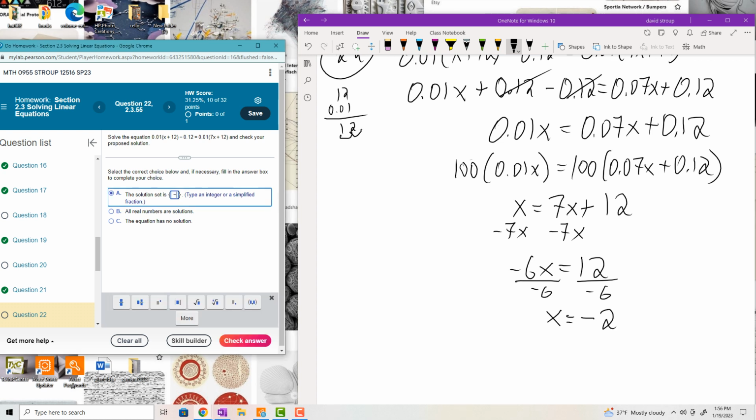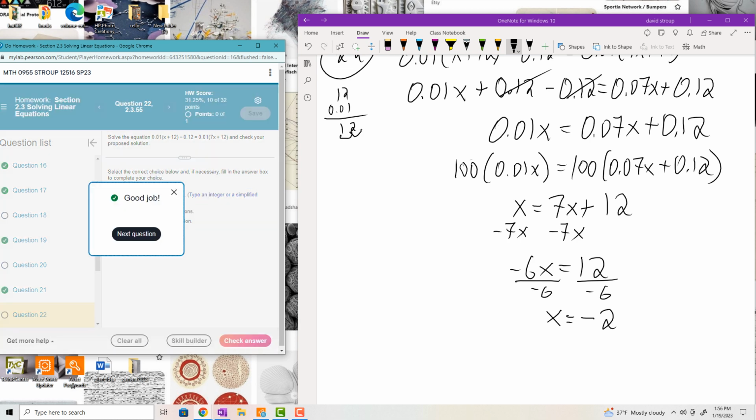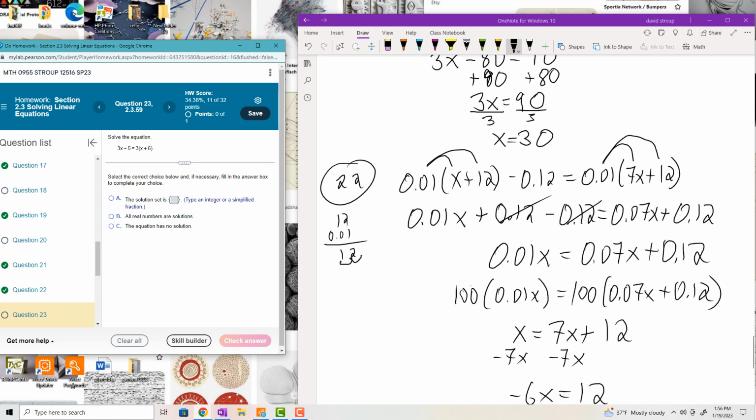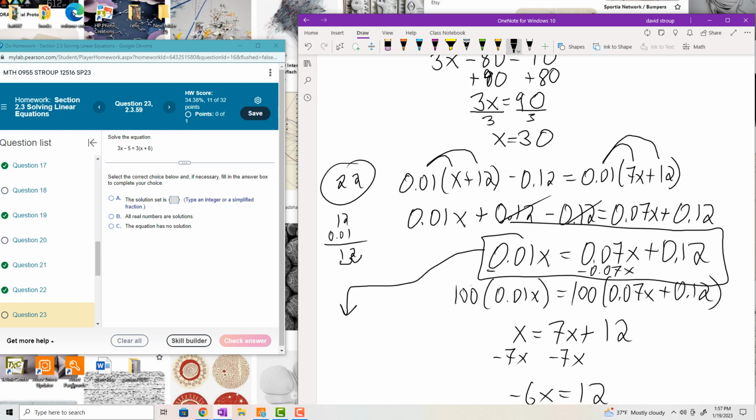Type that in there. Yeah, so I mean, I guess it's really up to you if you want to go through the trouble of multiplying out by the appropriate factor. I wouldn't take off on a test if you just left everything like this and then solved, right? So if you did it that way, it's going to be subtracting 0.07x on both sides.